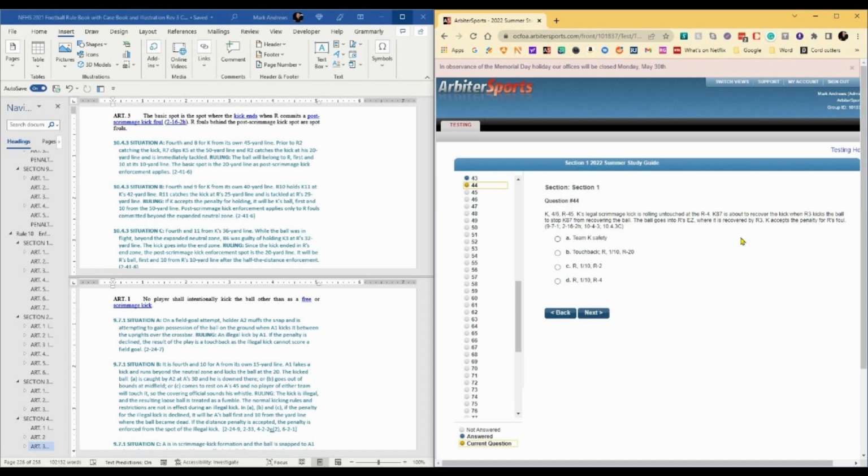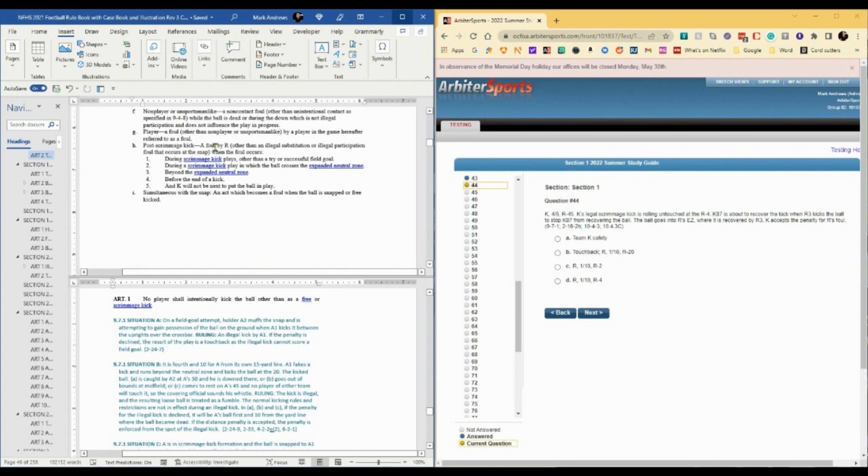Okay. So our rules references are 9-7-1, and that is right here down in the bottom. No player shall intentionally kick the ball other than as a free or scrimmage kick. So that's the rule against illegal kicking, 10-yard penalty. 2-16-2-h is right here, and it defines a post-scrimmage kick foul, which is actually what this is.